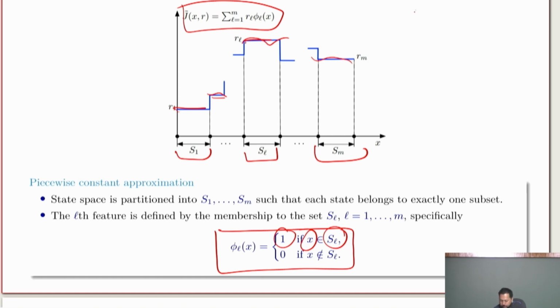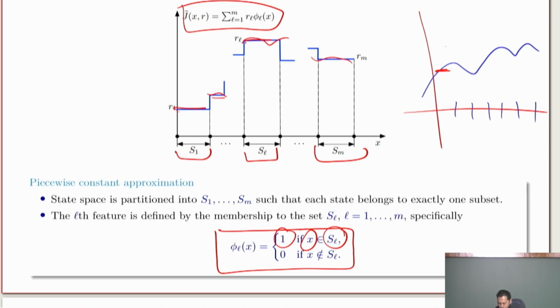So let us say the function that I want to approximate is like this, right? Then you divide this into various subsets. Now what is piecewise approximation here?